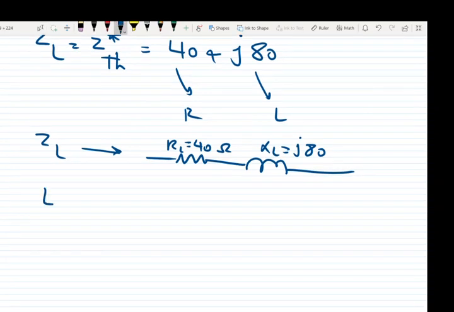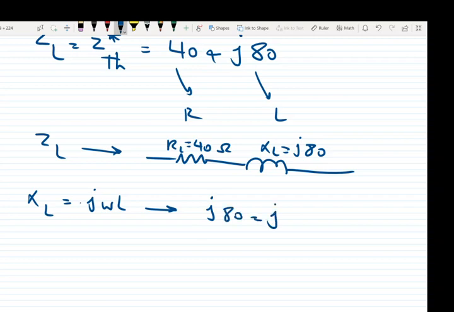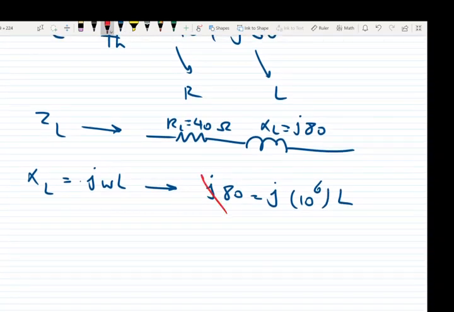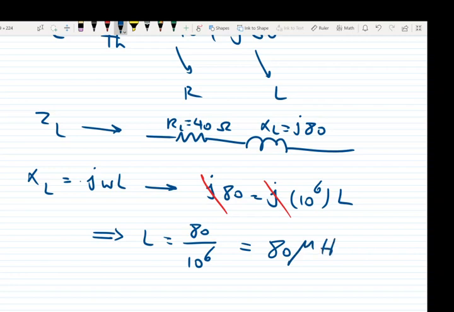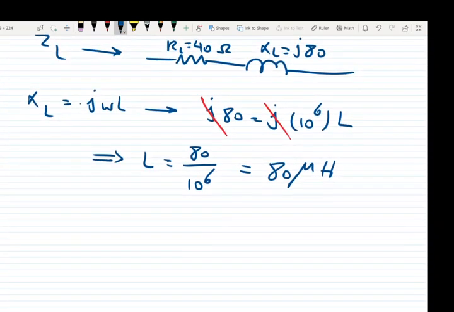So we know that XL is equal to J omega L. So if we use this equation, we say J80 is equal to J times omega, which is 10 to the power of 6, times L. So J cancels J, and as a result, L will be 80 over 10 to the power of 6, which is 80 microhenry.